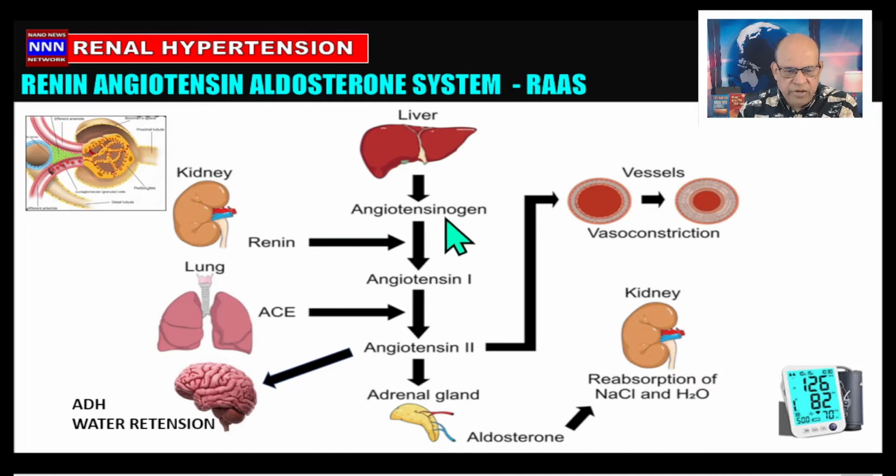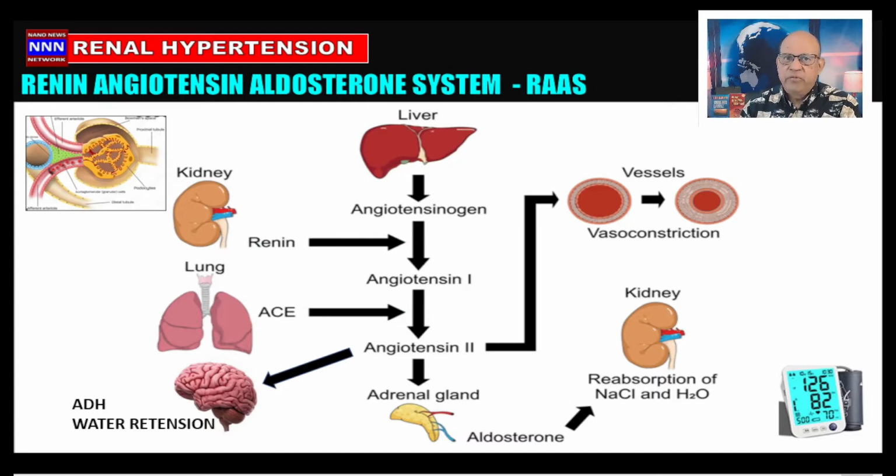So there is angiotensinogen, which is a polypeptide produced by the liver. Then we have a kidney which has the juxtaglomerular apparatus, this green substance here between the afferent and efferent arterioles, that acts like pressure sensors which can detect a decrease in blood supply and then release the prorenin in the form of renin, which acts upon angiotensinogen from the liver and converts that into angiotensin 1.